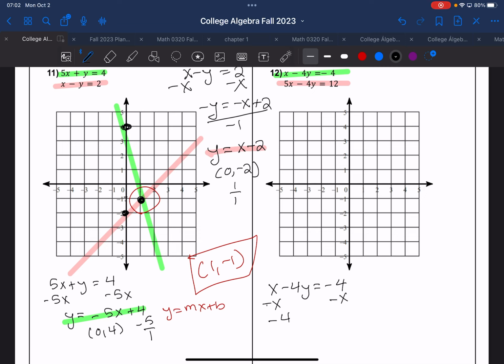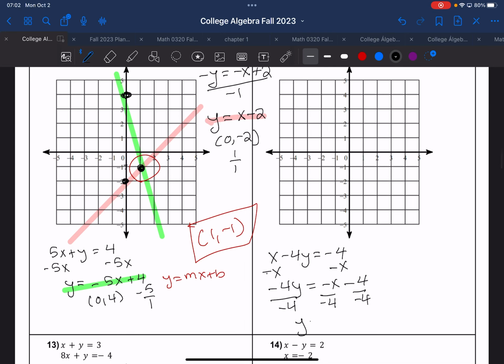So I have -4y equals -x minus 4. Now I can divide by that -4. And I'm left with y is equal to 1/4 x, because remember there is that invisible 1 in front of x. So I had -1 over -4, which is positive 1/4, and then plus 1.